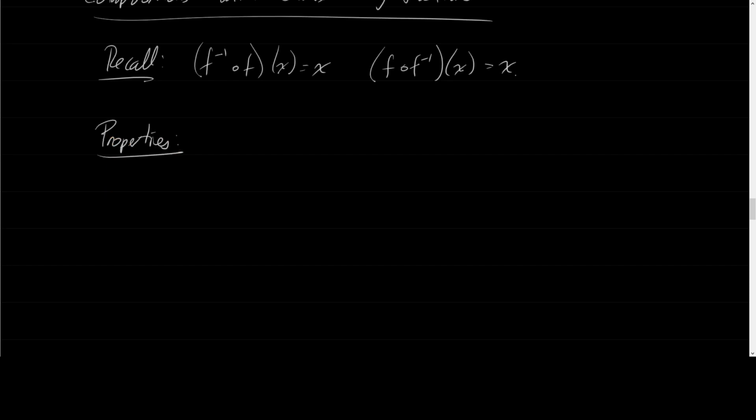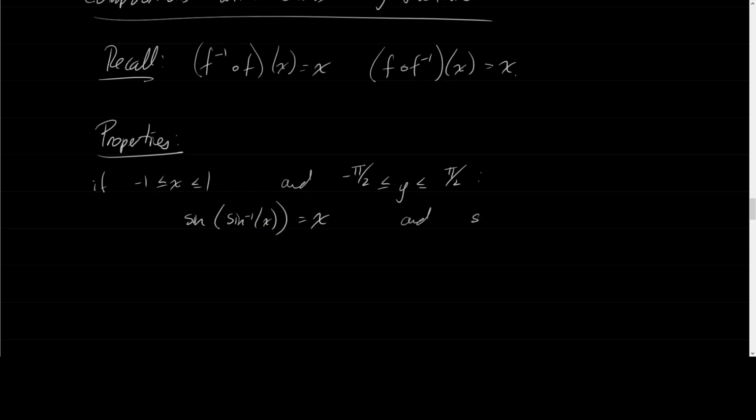So if x is between -1 and 1, and y is between -π/2 and +π/2, then we get that sine of sine inverse of x is equal to x, and sine inverse of sine of y is equal to y.